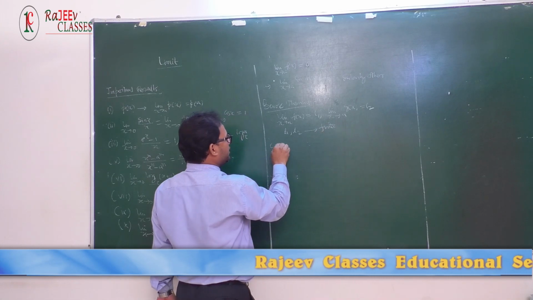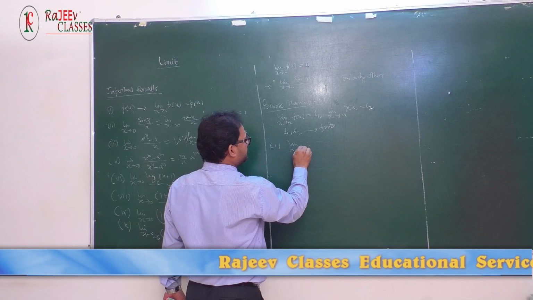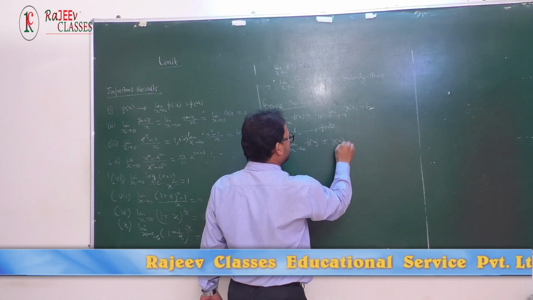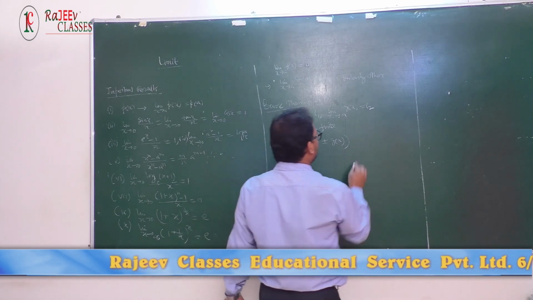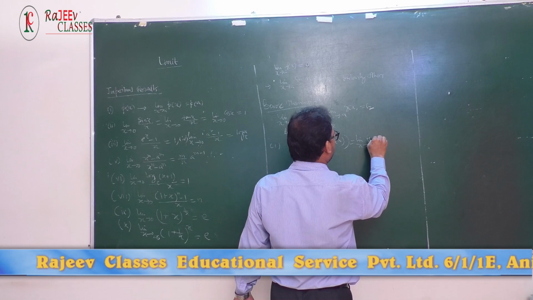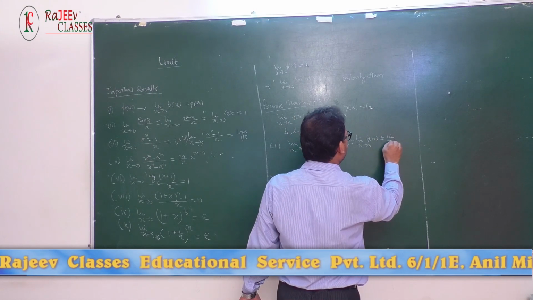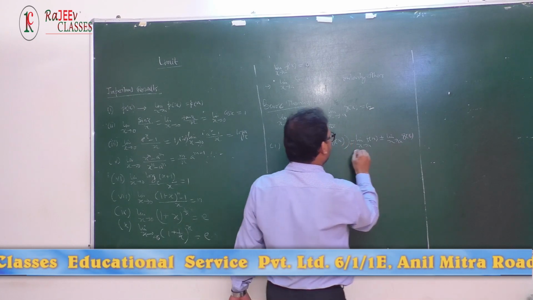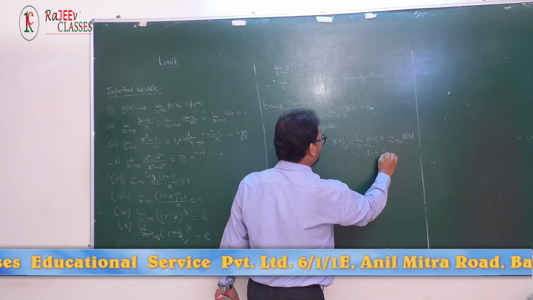Then we have number 1, limit x tends to a, f(x) plus or minus g(x) is equal to limit x tends to a, f(x) plus or minus limit x tends to a, g(x), which is equal to l1 plus or minus l2.